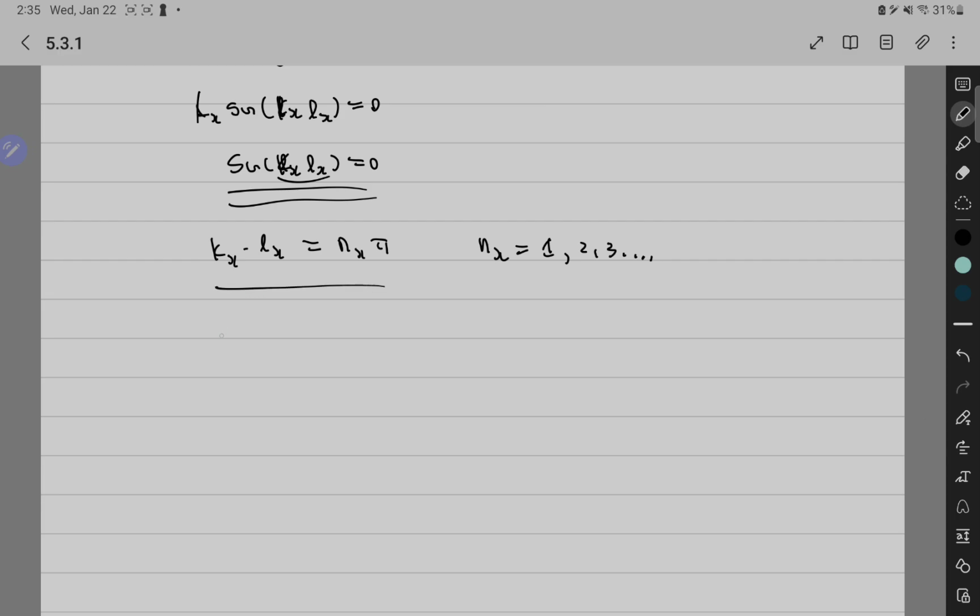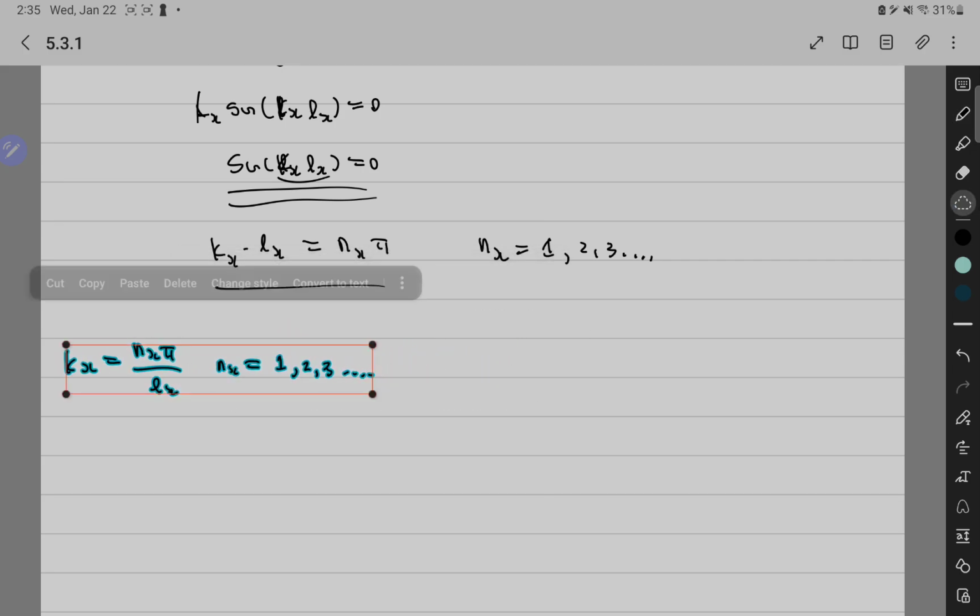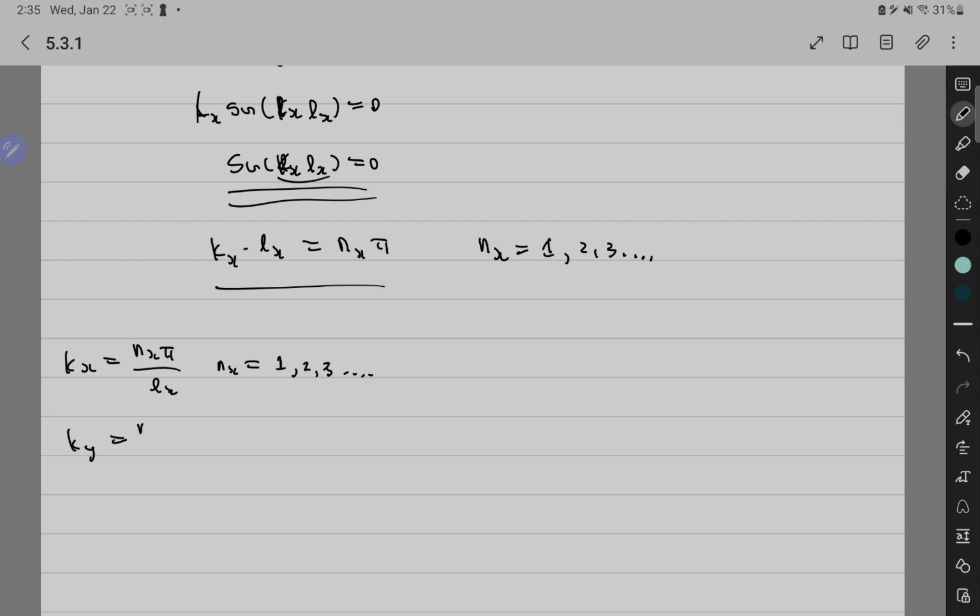So if we just isolate our kx, kx is just going to be nx pi over lx, where nx is equal to 1, 2, 3, and so on. Let's move this here a little bit so we can write for ky too. So ky follows the same logic: ny pi over ly, where ny is equal to 1, 2, 3.